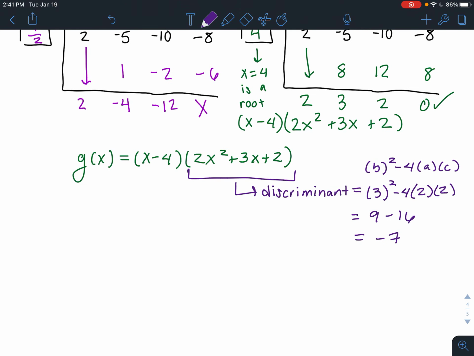So that tells me this doesn't factor. So if the discriminant is not a positive perfect square, then this does not factor.